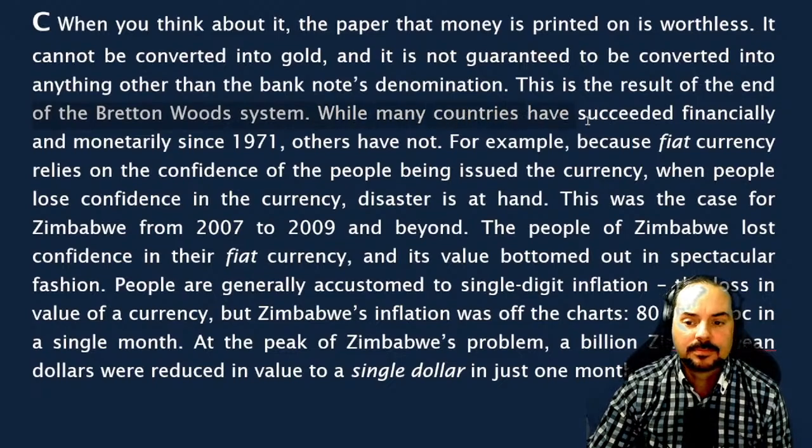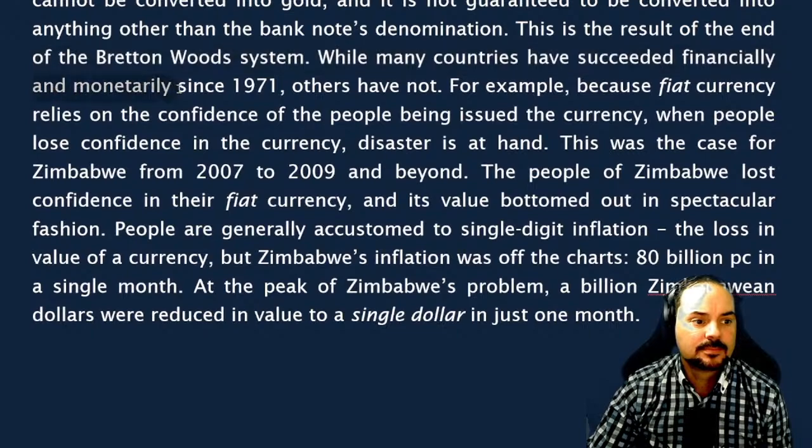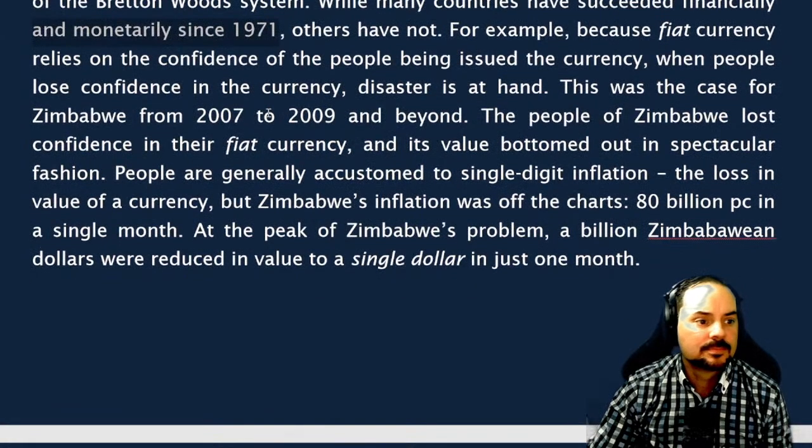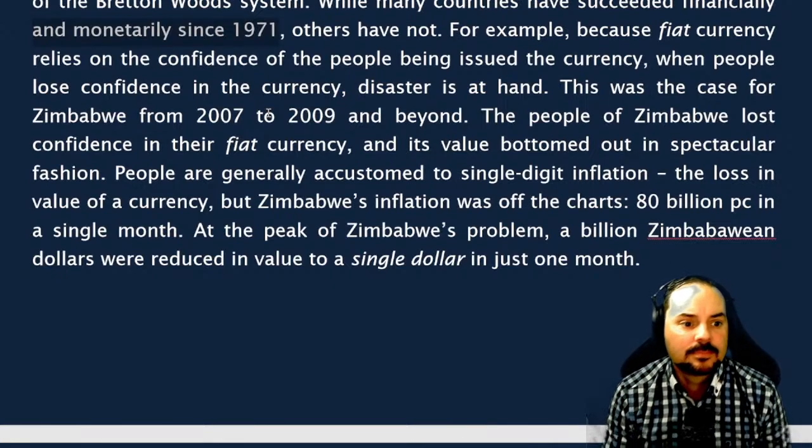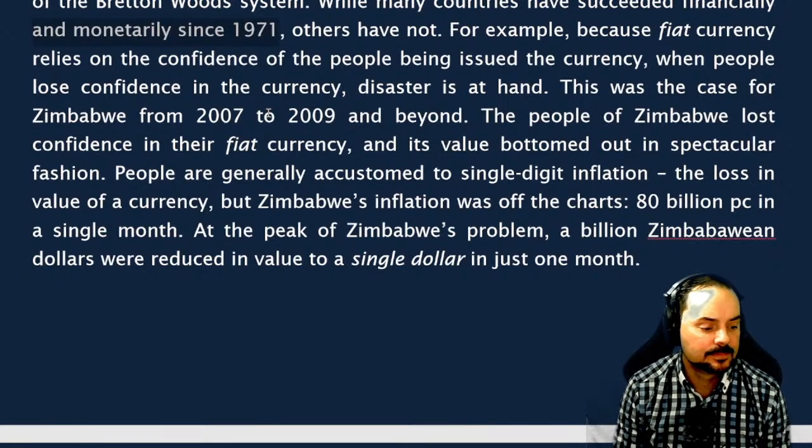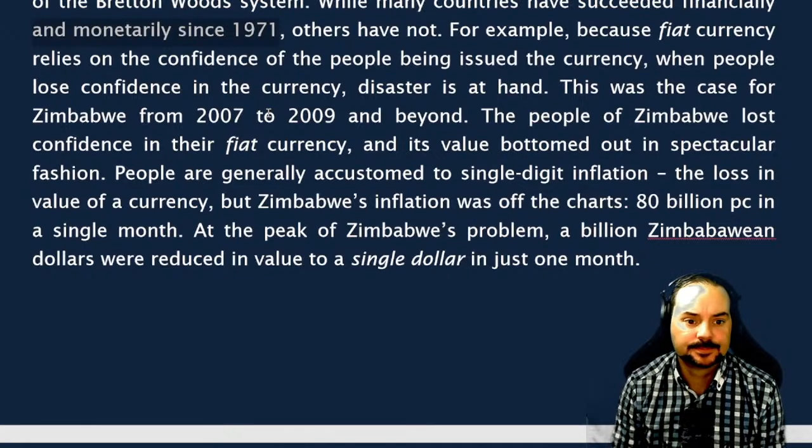While many countries have succeeded financially and monetarily since 1971, others have not. For example, because fiat currency relies on the confidence of the people being issued the currency, when people lose confidence in the currency, disaster is at hand.